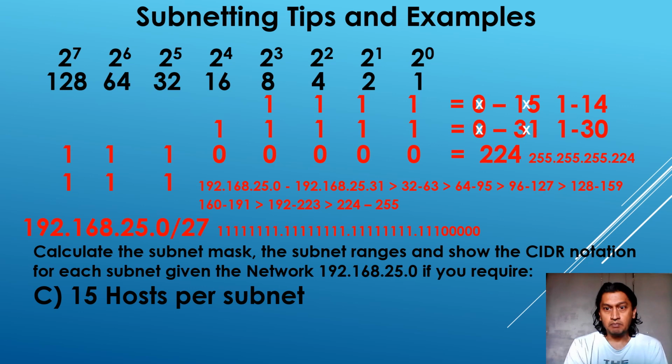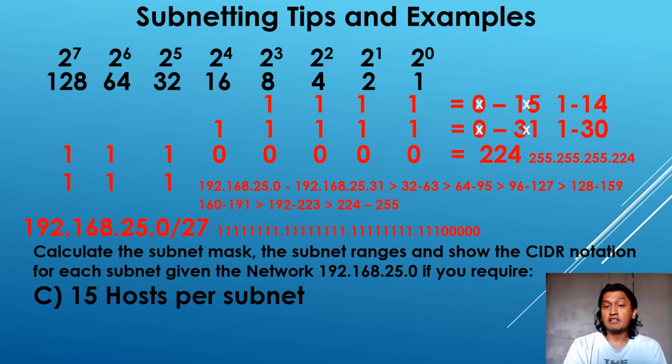Please don't forget, if you're calculating a subnet mask for a number of hosts per subnet, you cannot use the first and the last address. Some of the questions you get in routing and switching exams might ask you to list the valid addresses in a subnet range. If you are asked that, remember, you can't use the first and last. My first network here is 192.168.25.0 to 192.168.25.31.